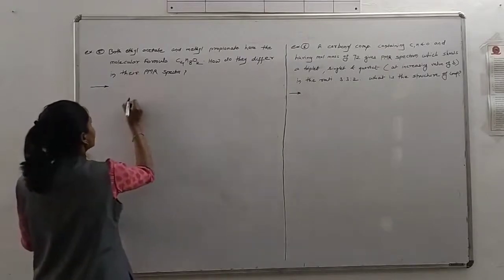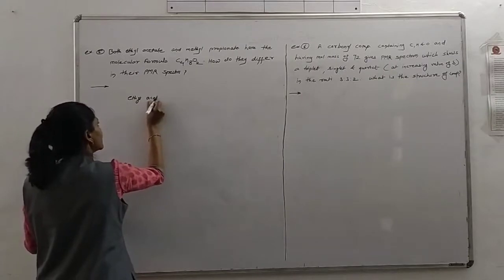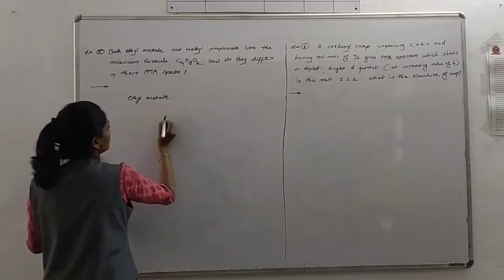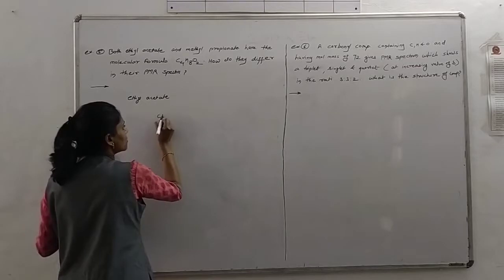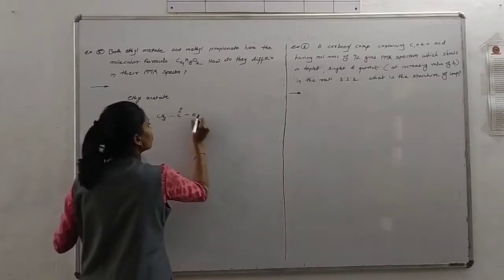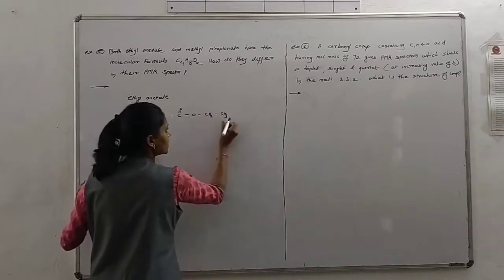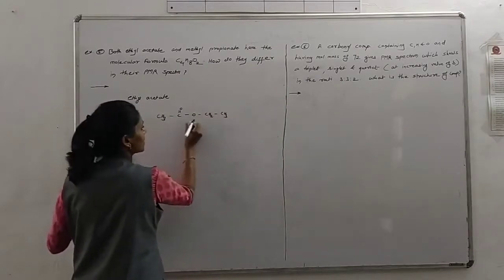So firstly we write down ethyl acetate: CH3, C double bond O, O, CH2, CH3. This is the ethyl group and this is the acetate group.